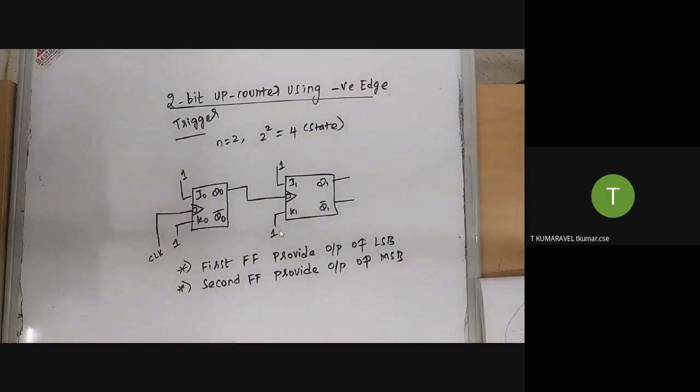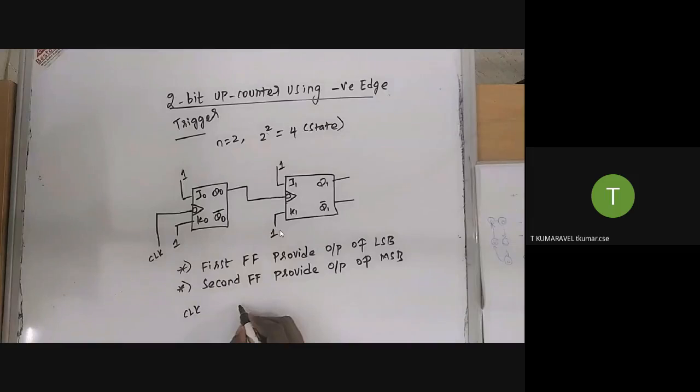Okay, listen. Now I'm going to write the truth table of the 2-bit up counter. First I provide the clock pulse.